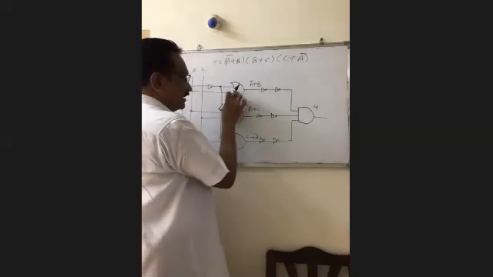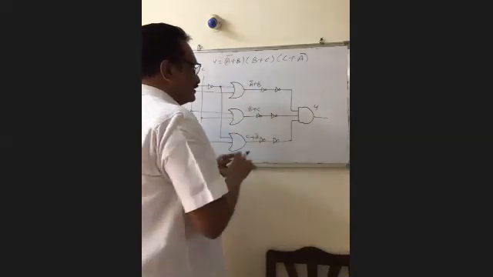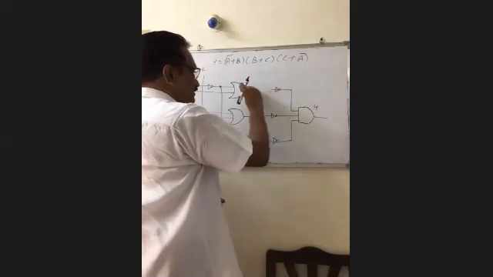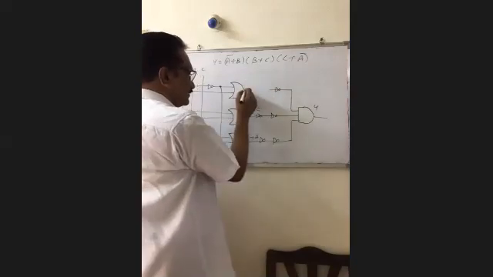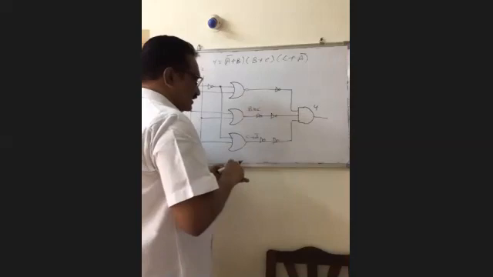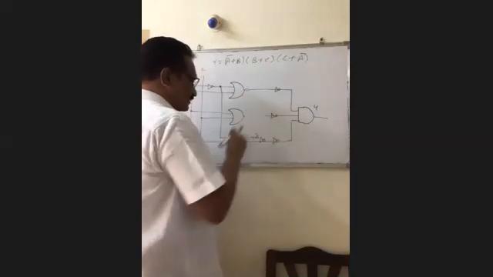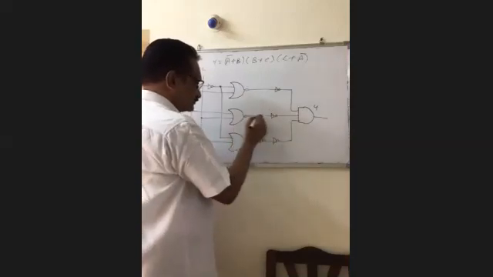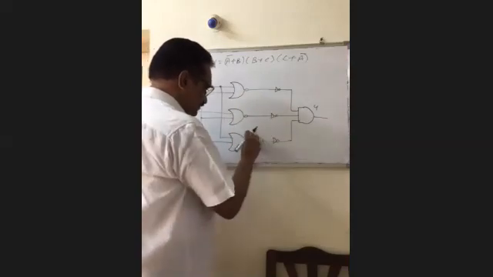So here OR gate followed by a NOT, so replace this part of the circuit with a NOR gate. So here also.